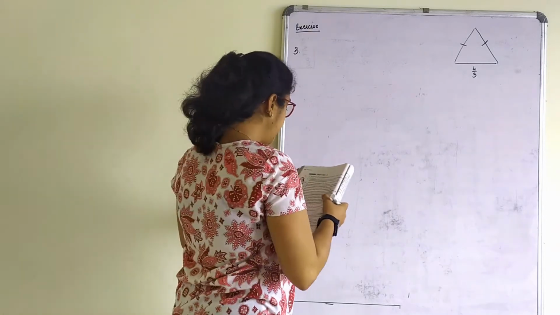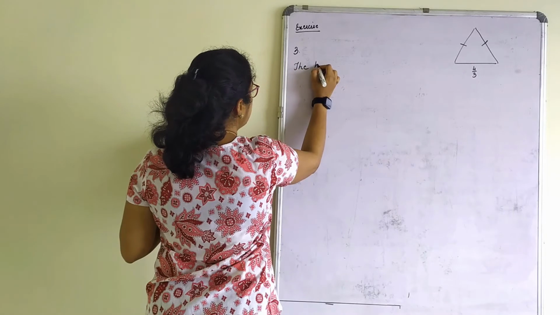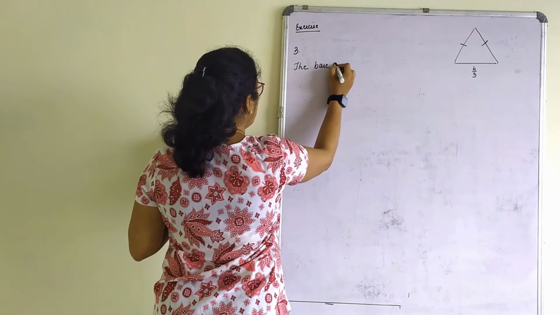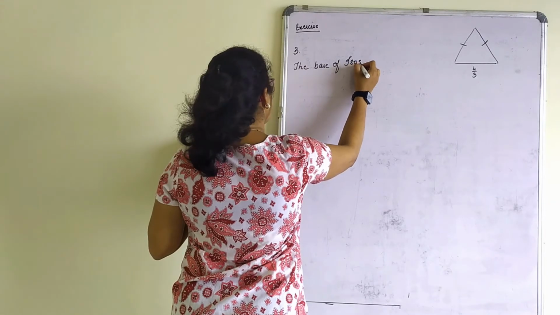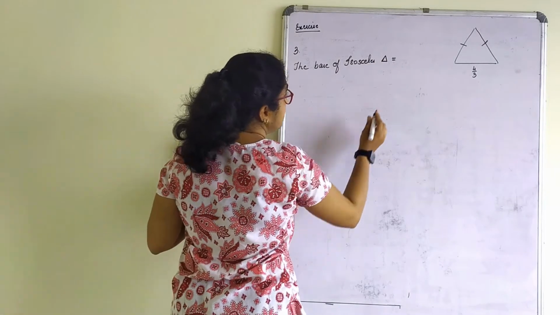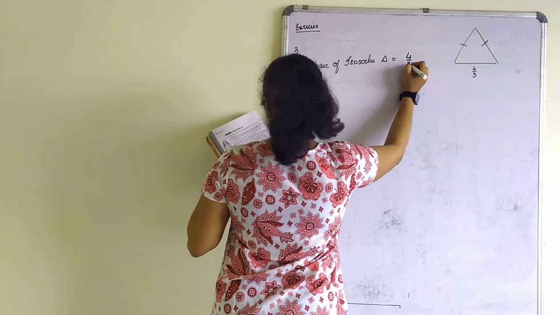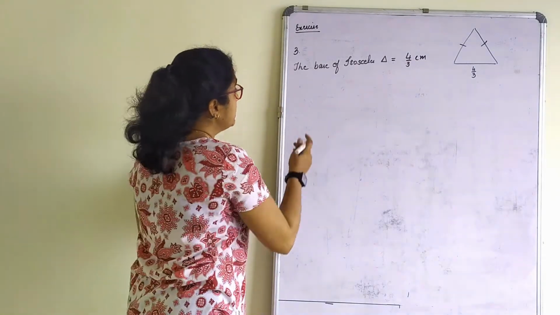Let's just write down the given. Same thing we'll write. The base of an isosceles triangle is 4 by 3 centimeter. Okay.